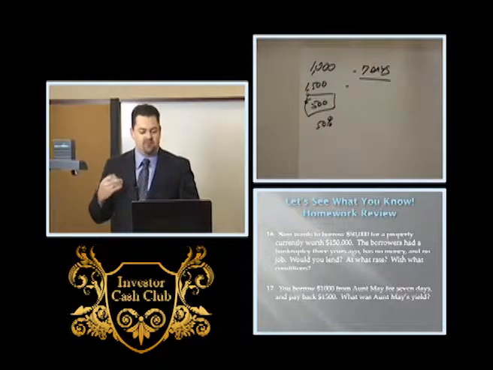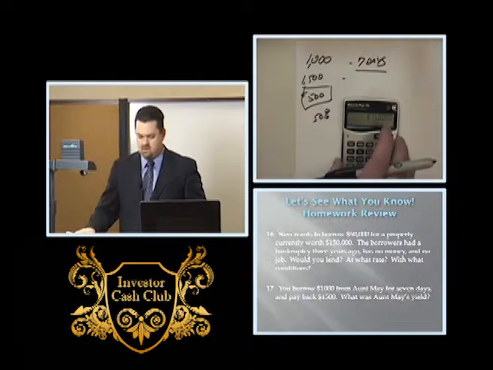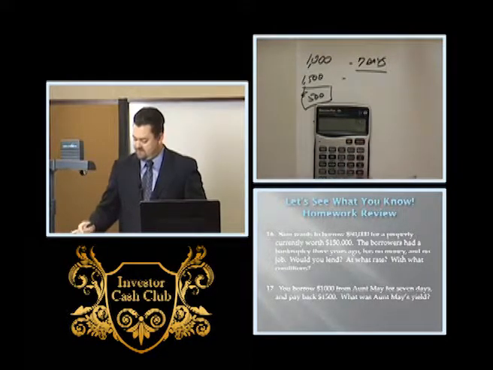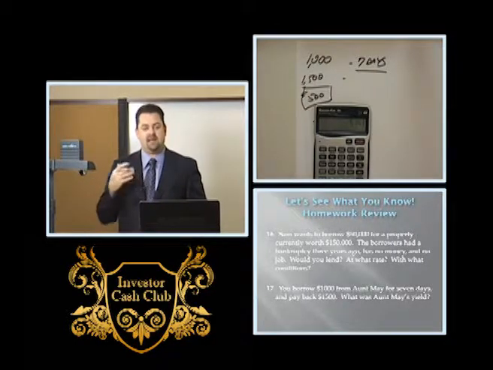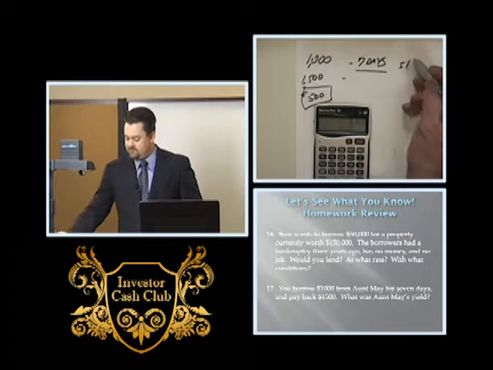So how do we get Aunt May's yield? Here's how you do it. Take 360 days in a calendar. This is the financial calendar again. Divide it by 7. This is the number of times 7 happens in a 360-day period of time. Well, it happens 51 times.